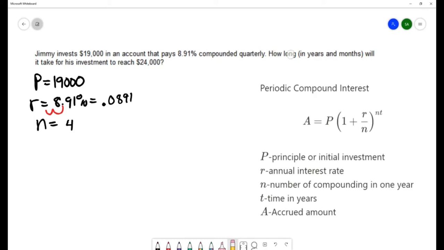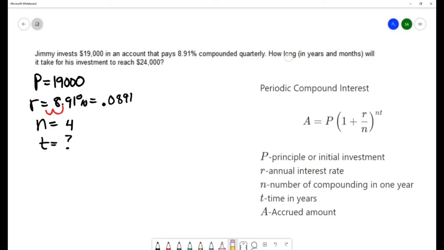How long is a question, and that's an indication that the variable time is our unknown value and the value that we are trying to figure out. So t is time, and we don't know the time, and hopefully once we get all the information, we'll be able to solve the equation for time.